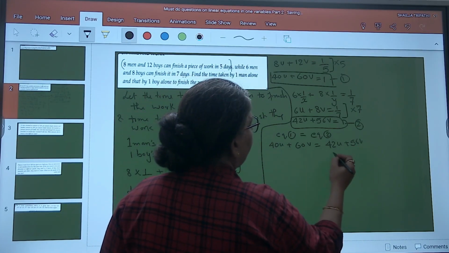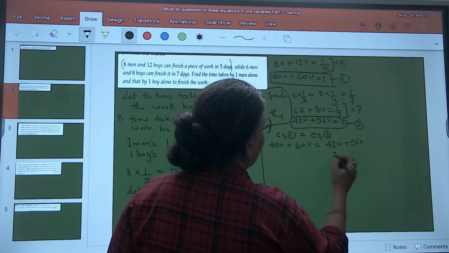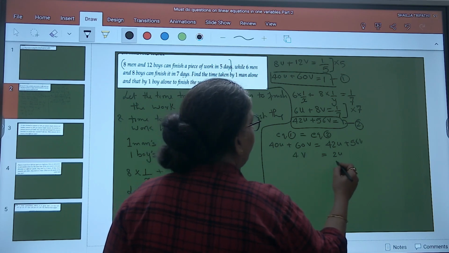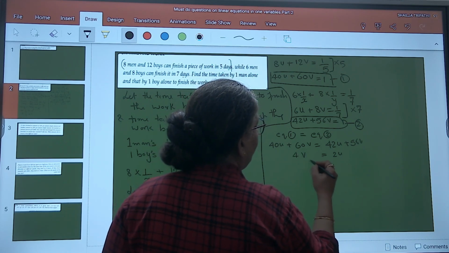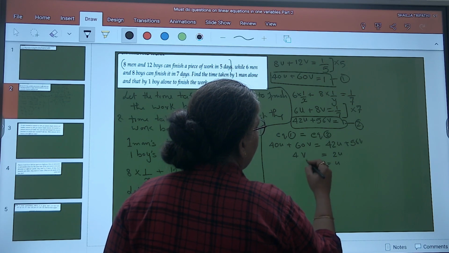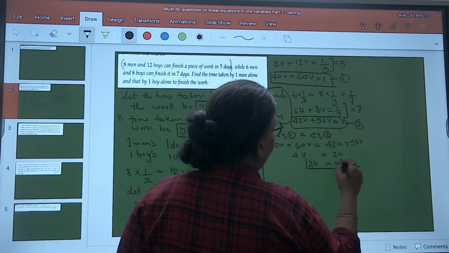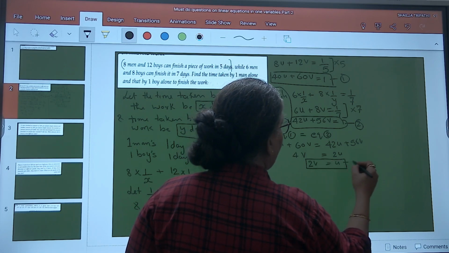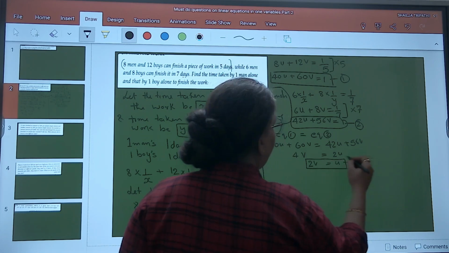So here we get 2u is equal to 4v, or u is equal to 2v. So with the help of this relationship we can solve. So this is our equation number 3.